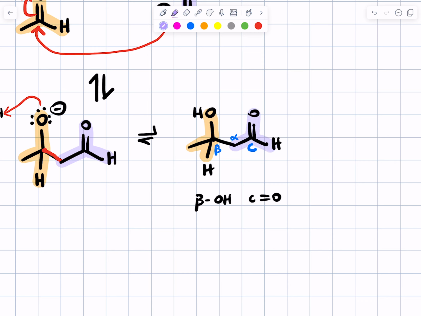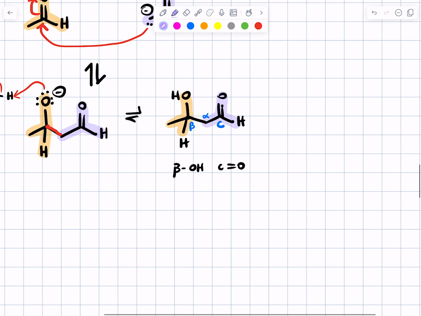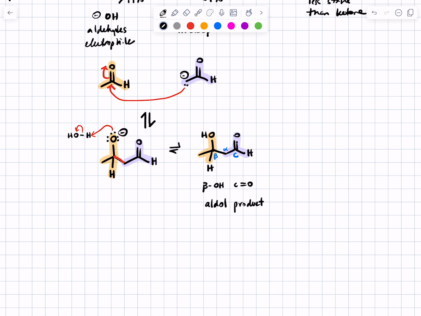Creative, huh? And this is an example of an aldol product. In organic chemistry, hopefully you're learning it's useful to recognize structural patterns as characteristic of certain reactions. The aldol product is a beta hydroxycarbonyl compound.